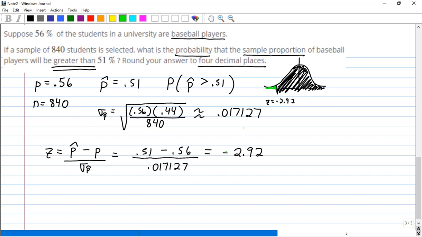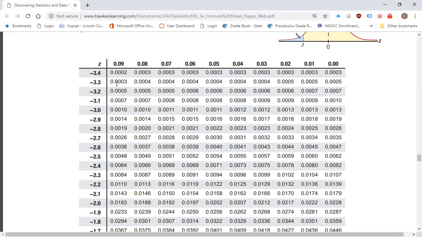Let's look up and see what the area is for a z-score of negative 2.92. So look at your z-score chart. Negative 2.9, and then go over to the 2. You see that right there? 0.0018.